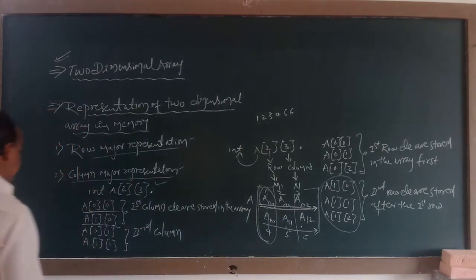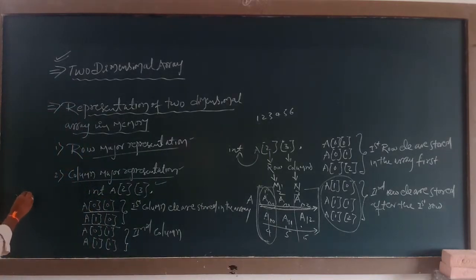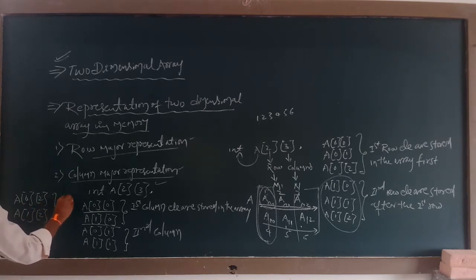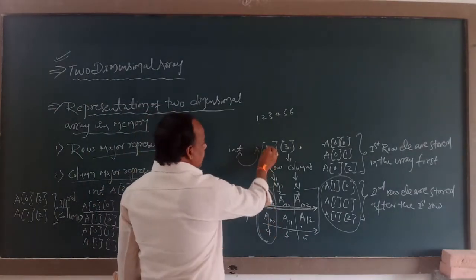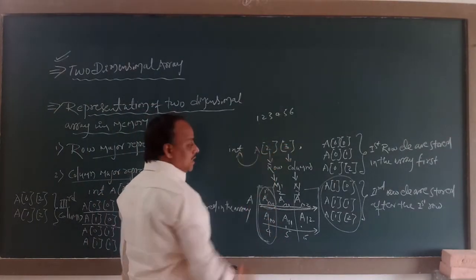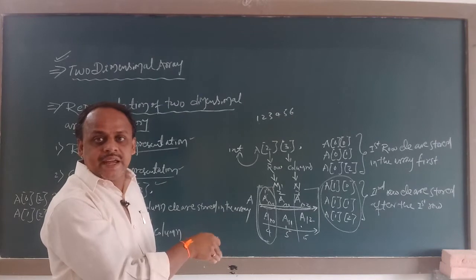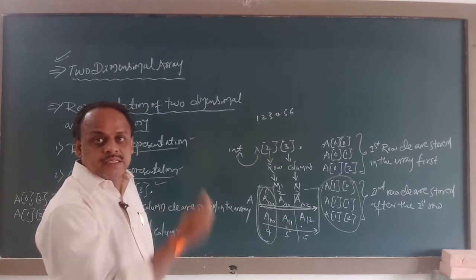So I am writing here A[0][2], A[1][2]. This represents the third column, right? Suppose int a[2][3] means this 2-dimensional array has capacity to store 6 elements.